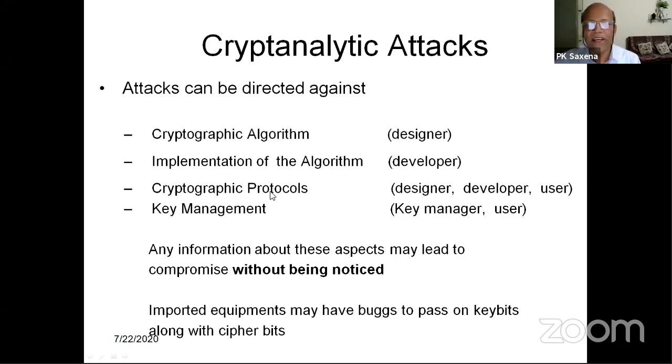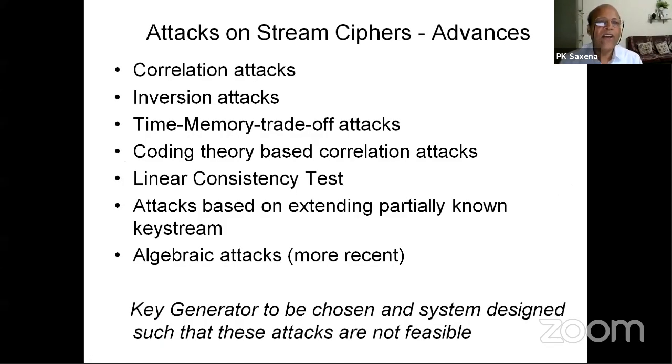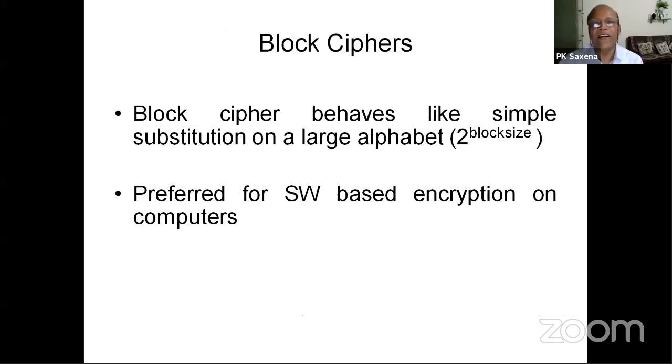But when it comes to attacks on the algorithm, there are many attacks studied on stream ciphers. I have listed here correlation attack, inversion attack, time memory trade-off, coding based, linear consistency and so on. So the game goes on: some system is designed and some new attack is found, and then it is tested whether the system is vulnerable to that attack or not.